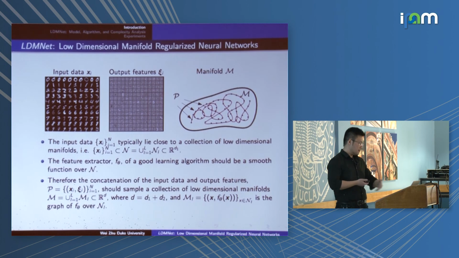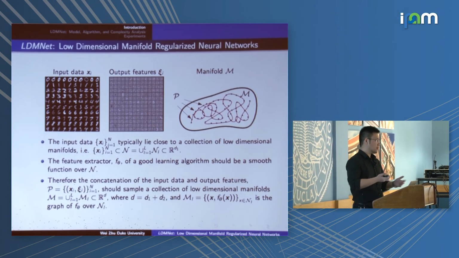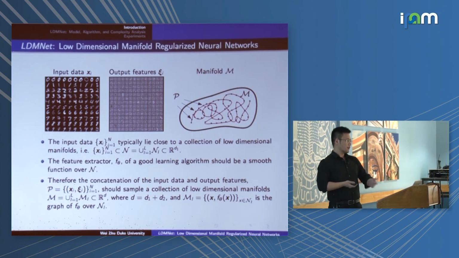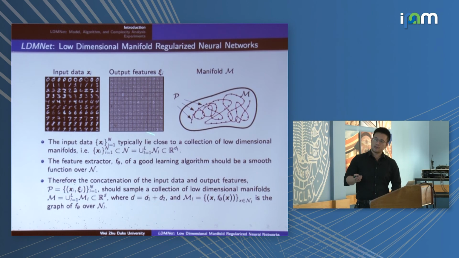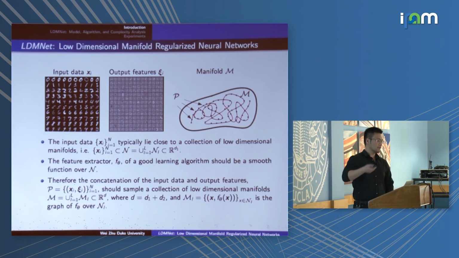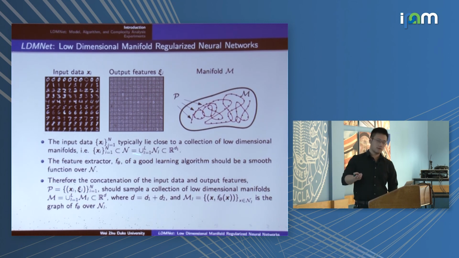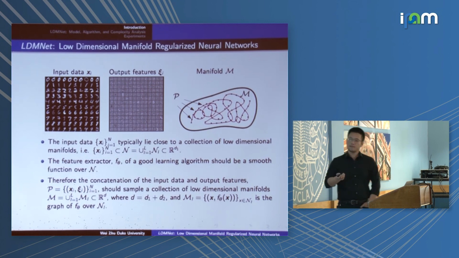That means you have some correlation within the wavelet coefficients. You cannot just change them willy-nilly. That means the dimension is actually much lower compared to the dimension of the embedding space. So now we have a bunch of points sampling the data point cloud, sampling a collection of manifolds that has a much lower dimension than the embedding space.